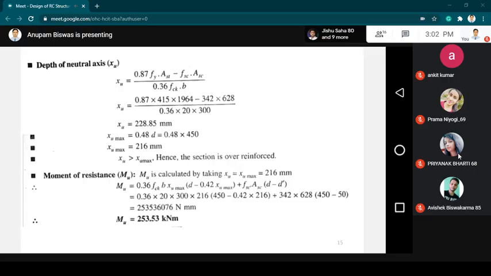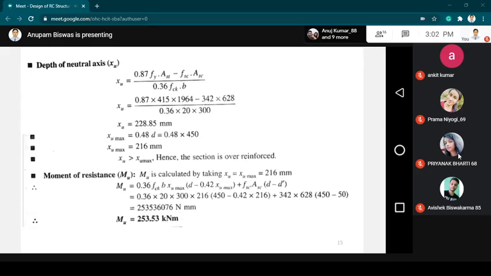To check for xu max, how to get it? From the previous chapter we have already seen that for Fe415 the ratio of xu max by d is 0.48. So xu max we will get from here.